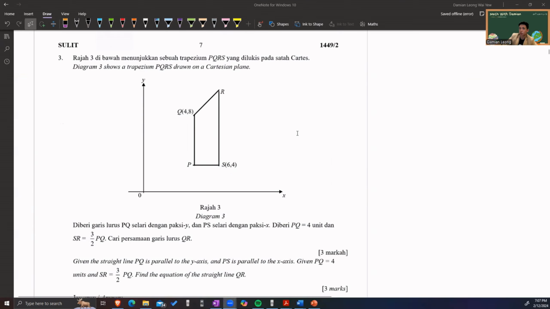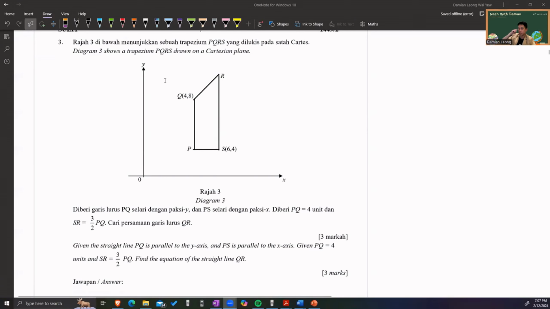Then question 3. Given the straight line PQ is parallel to the y-axis, BS is parallel to the x-axis. Given PQ is 4, SR equals 3/2 PQ. So 3/2 times 4 is 6.